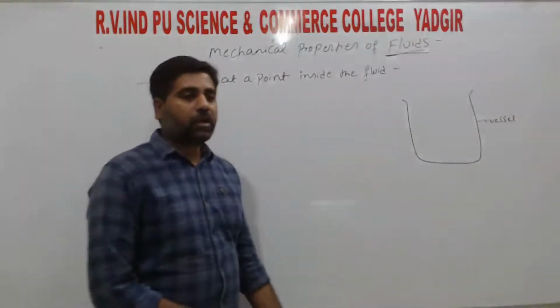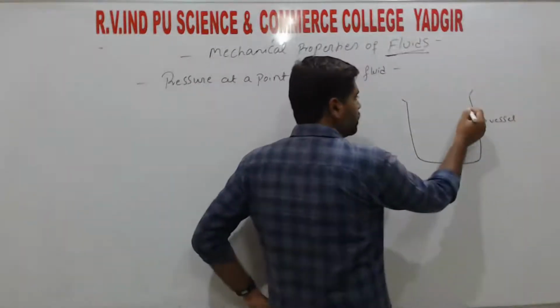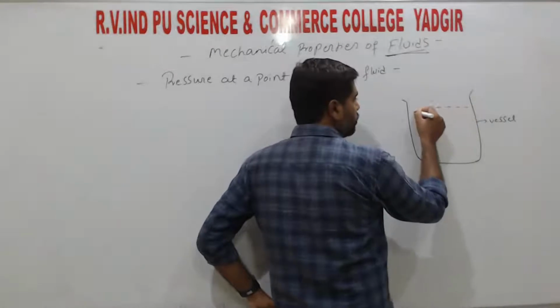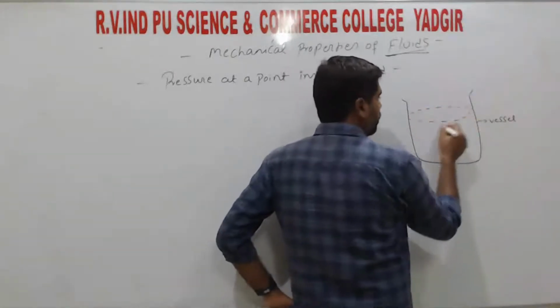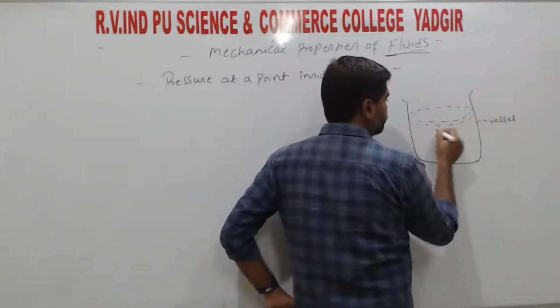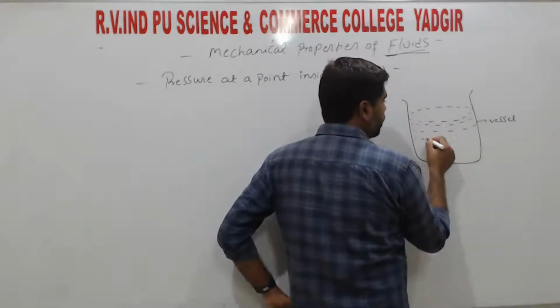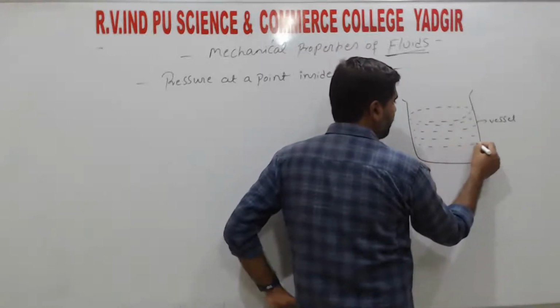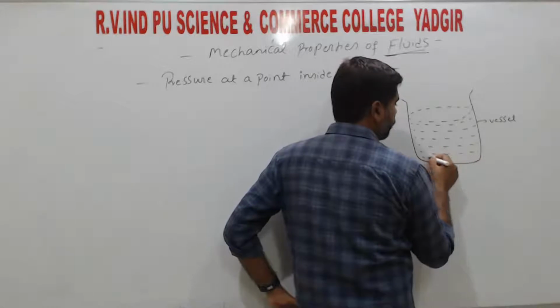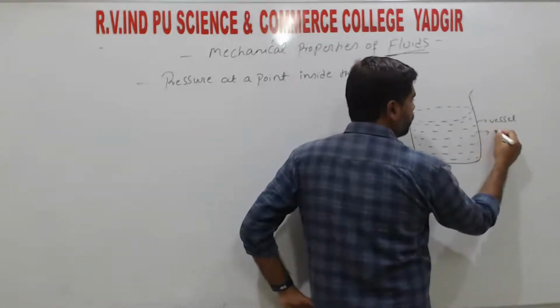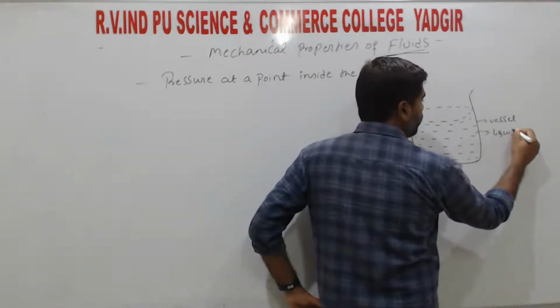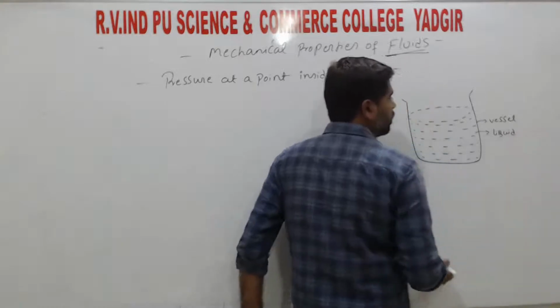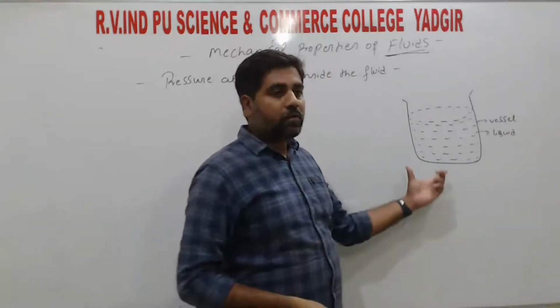So this vessel contains the liquid of density rho. So consider one vessel.